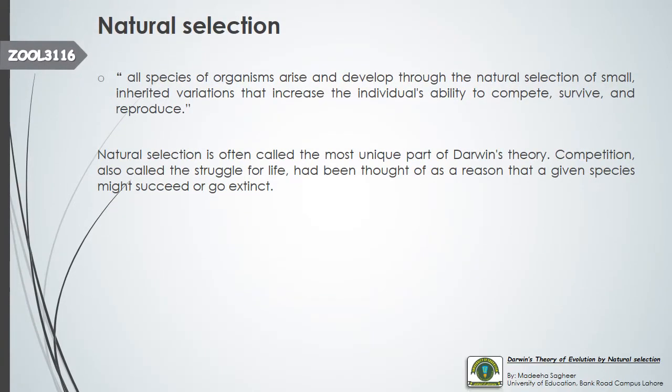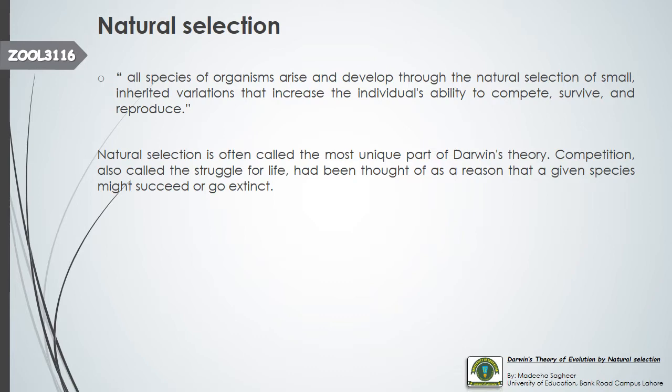Okay, natural selection. The precise definition of natural selection is that all the species of organisms arise and develop through the natural selection of small inherited variations that increase the individual's ability to compete, to survive, and reproduce. So, what is natural selection? In a simple way, we can say that the adaptation of an individual to the changed environment is called natural selection.